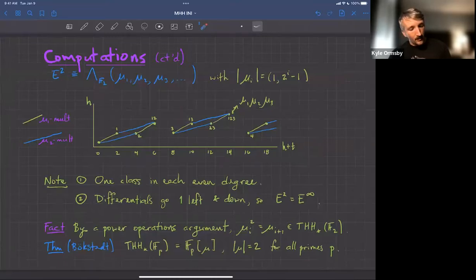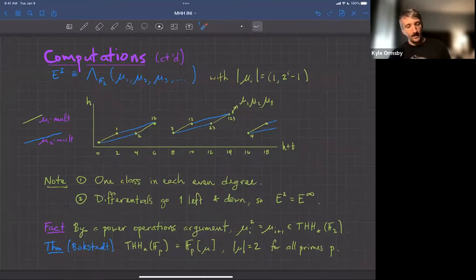Now, something a little deeper that I won't outline here is that using a power operations argument, you can actually show that when you take the square of mu I, you actually recover mu I plus 1. So that's a hidden extension in the spectral sequence.